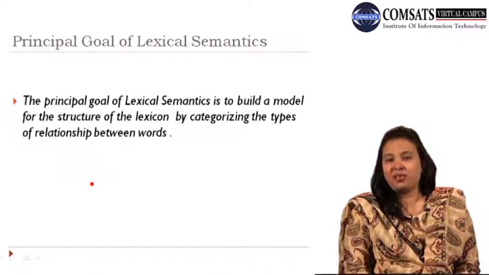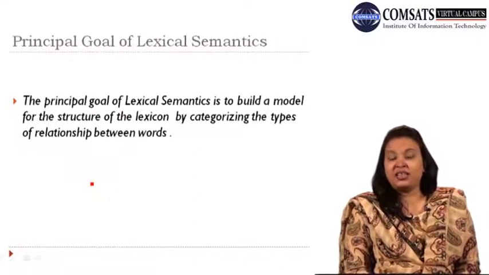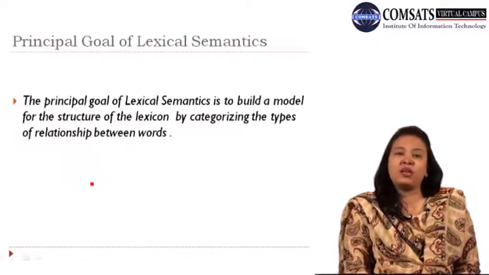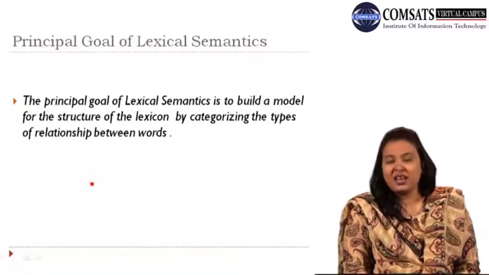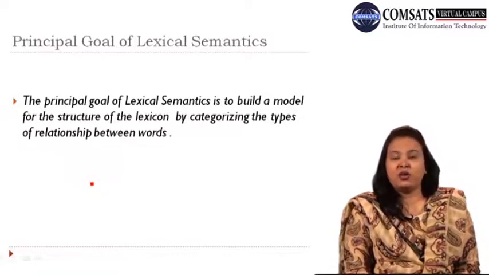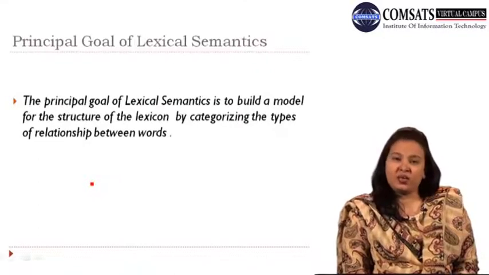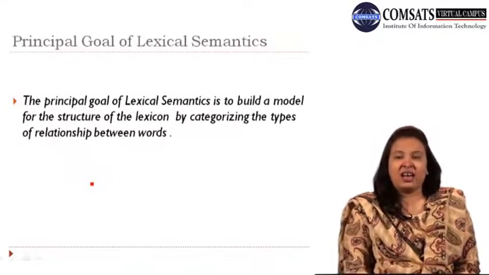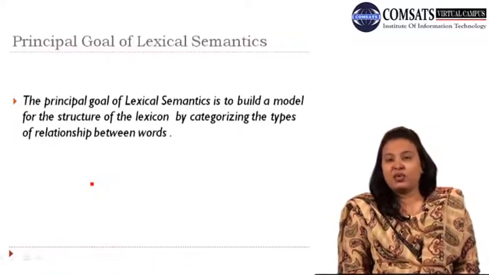So what is the objective of lexical semantics? Yes, we can say that lexical semantics is about the study of meanings, but the more principal goal is to categorize these words into different classes according to the nature of their meanings, and sometimes according to the nature of their structural meanings, or the way they have meanings in association with other words. So this way we can have classes of, for example, synonyms and antonyms. These are two classes.